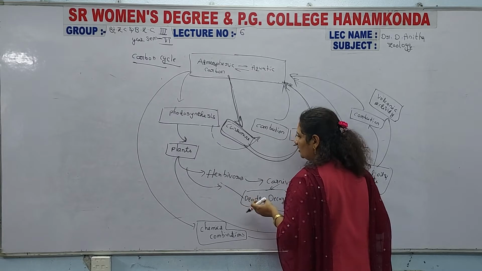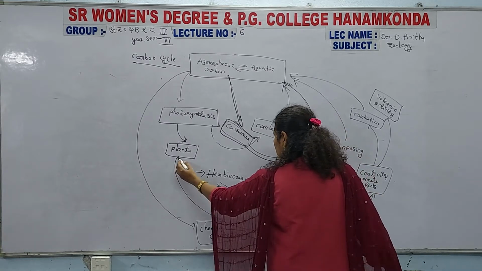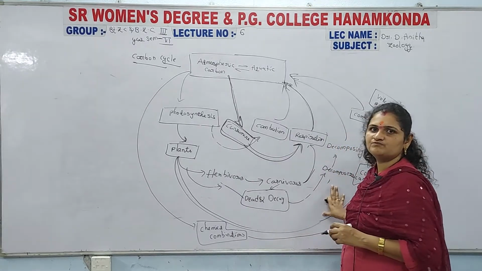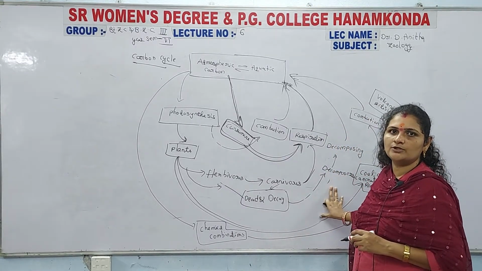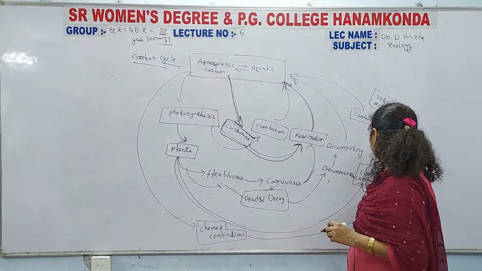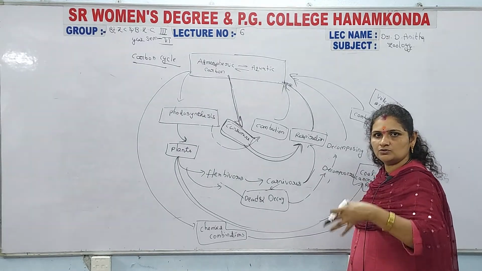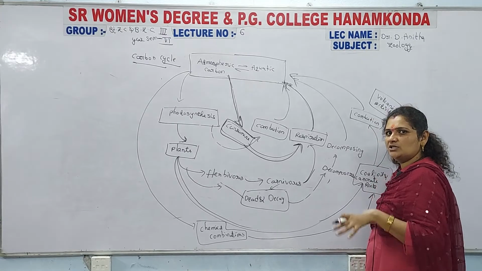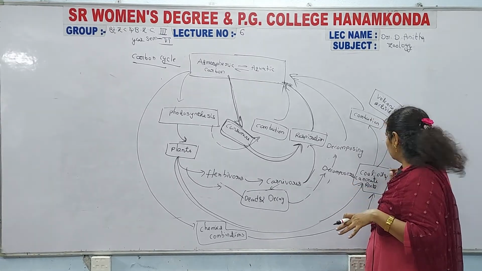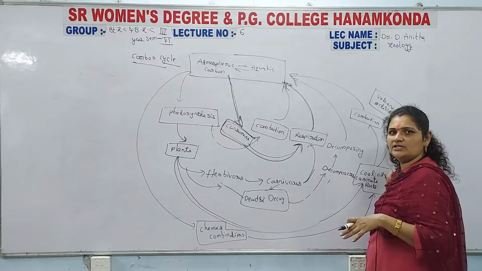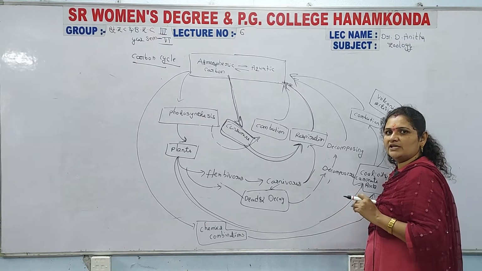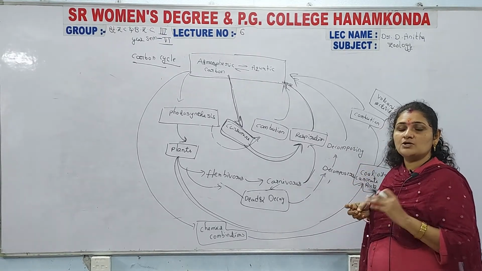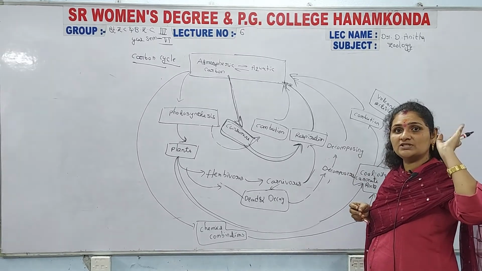And in another process, the plants, see here, so many years back the plants became coal. You know very well that coal and oils are underground, present in the deepest part of the earth. The coal is mainly formed from plants after completion of their lifespan, some thousand years back.